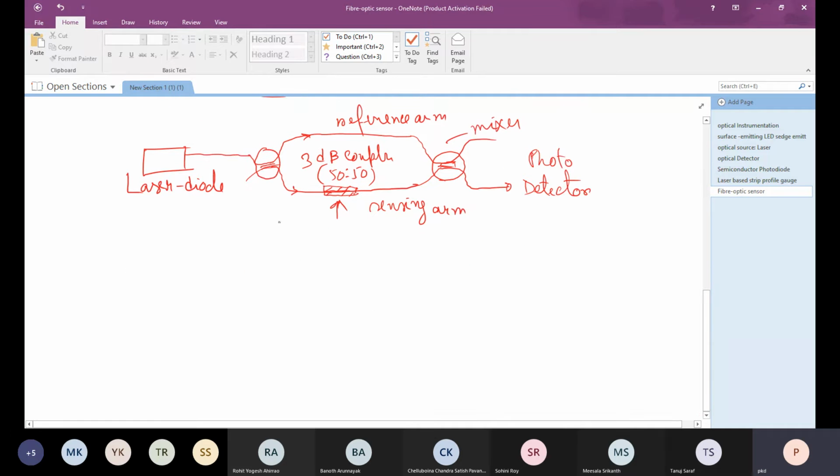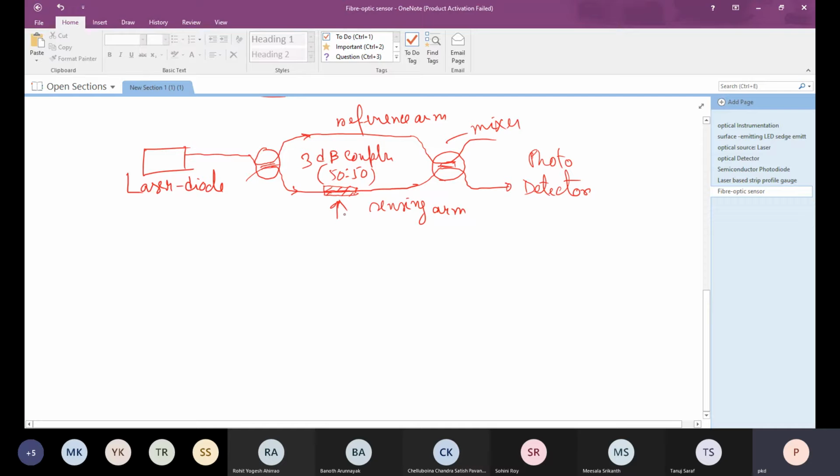So the advantage is that, as with an optical interferometer, we can sense a shift that is a small percentage of the wavelength.